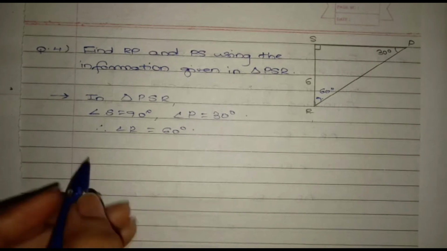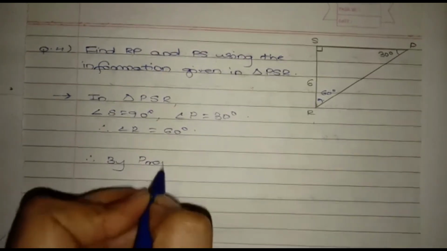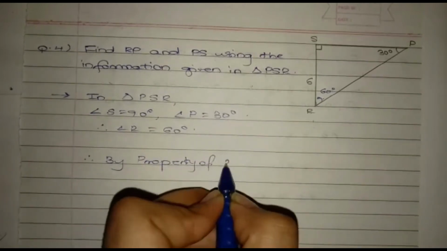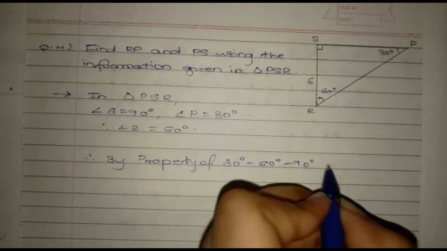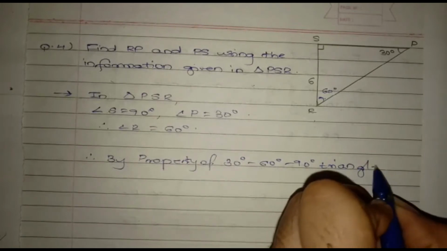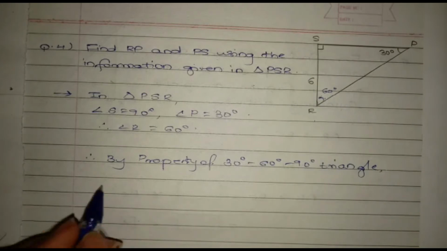Okay, we'll write here, therefore by property of 30-60-90 degree triangle, side opposite to 30 is RS.